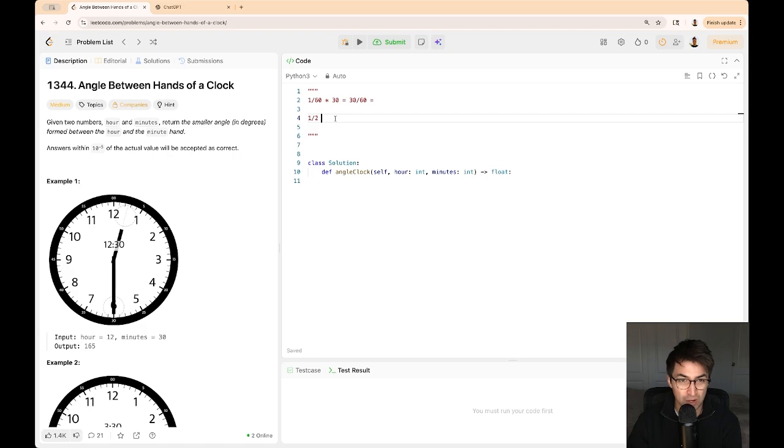So if that's 1/2 of an hour and there are 360 degrees, 1/2 times 1/12, because there are 12 hours, equals 1/24. That makes sense, because there are 24 halves.